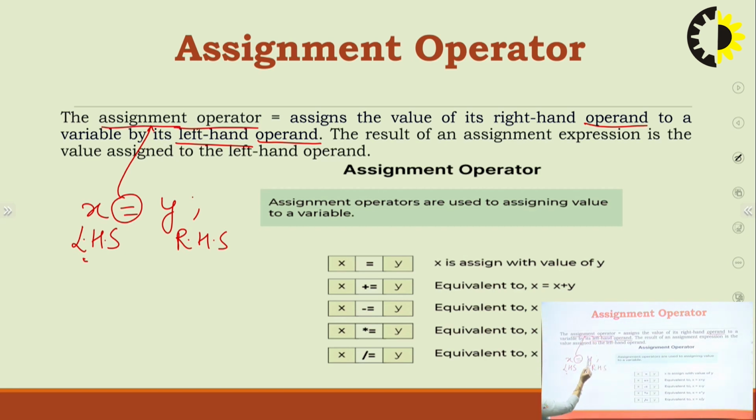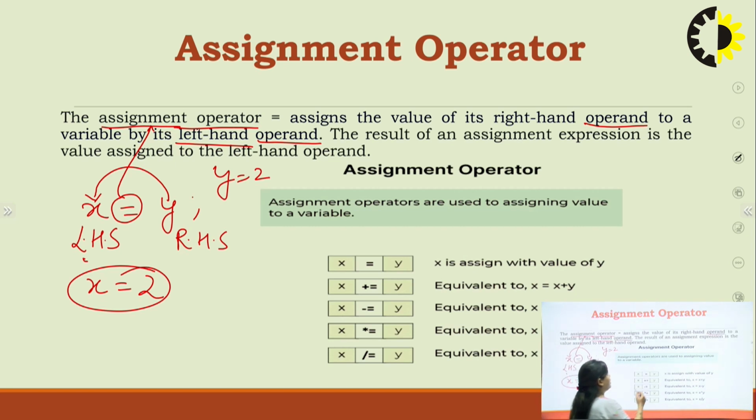That means y's value is being assigned to x. So if y is equals to 2, then x will hold the value 2. Clear? Okay.